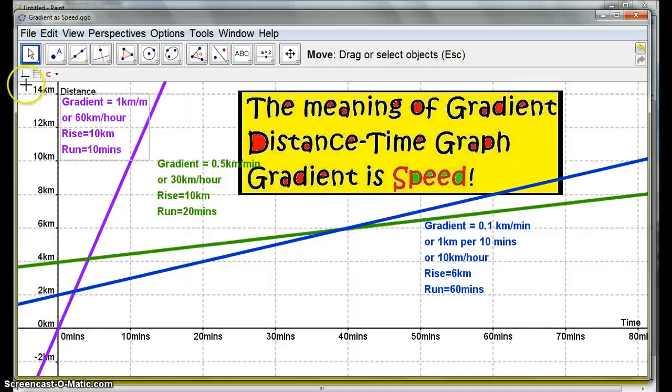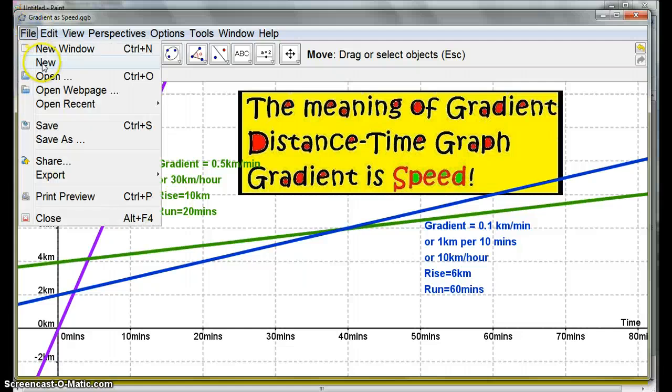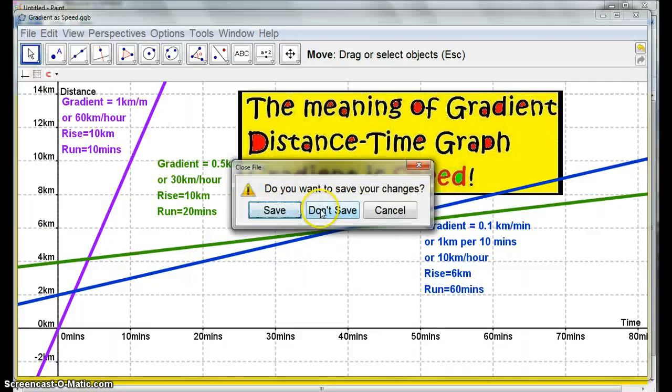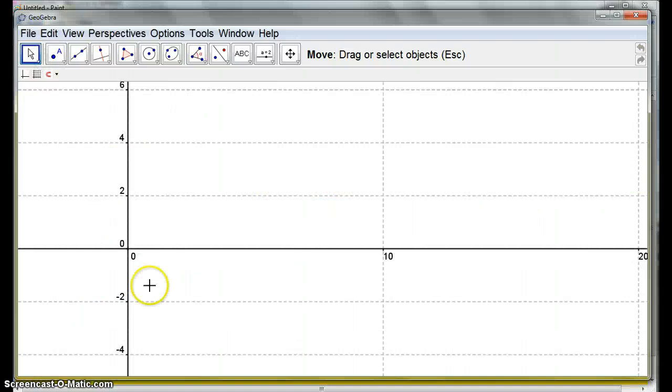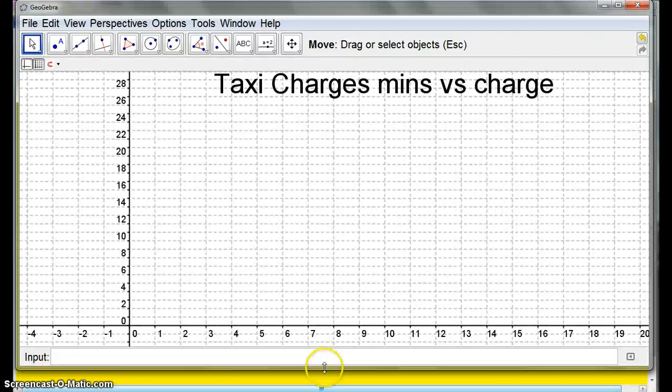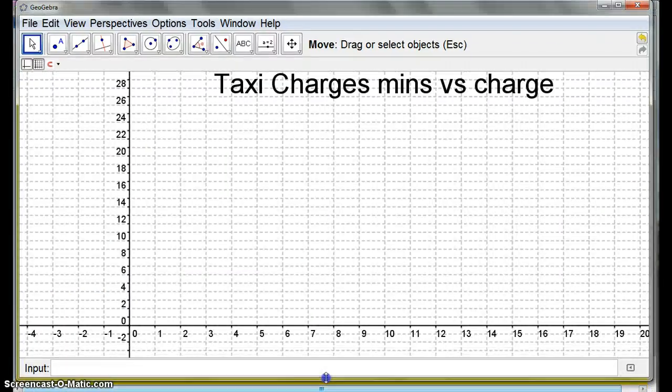Now I'm going to do something different. New window. I won't save that. Now moving on to this one here, I'm going to try and draw a graph to do with taxi charges. We're looking at minutes on the x-axis and the cost of the taxi on the y-axis.